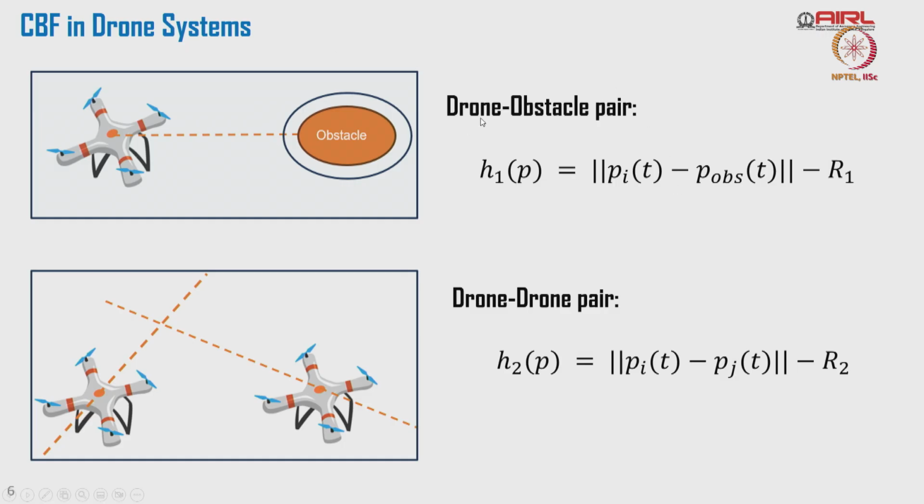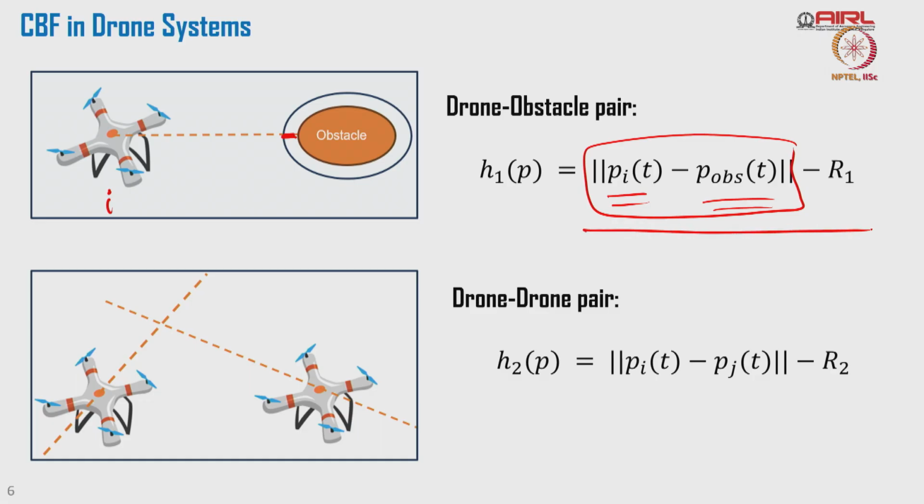Okay. So I will give one example of a control barrier function in drone systems. Just assume that in a network this is the ith drone. Its position is this and the obstacle has this position. Now if we calculate the distance between the drone and the obstacle and then subtract the tolerance region, it is some distance like this, and this can form a control barrier function, right?